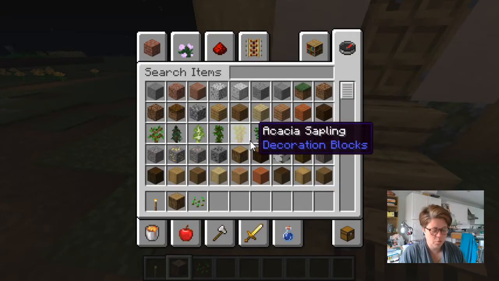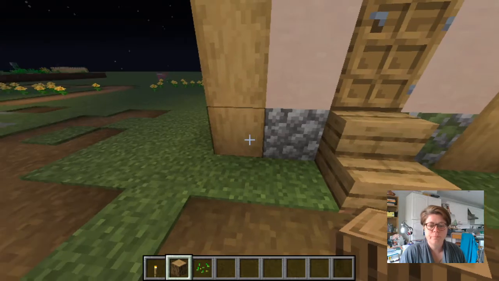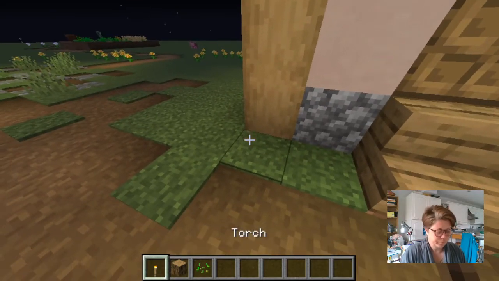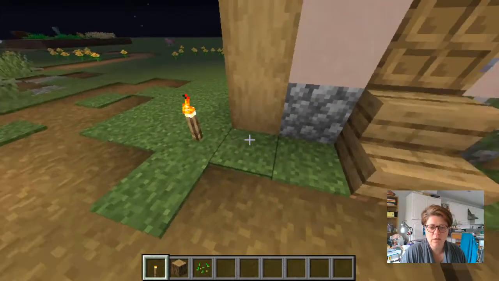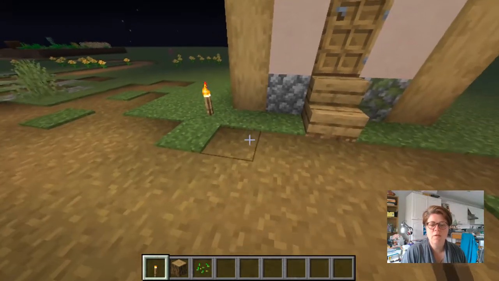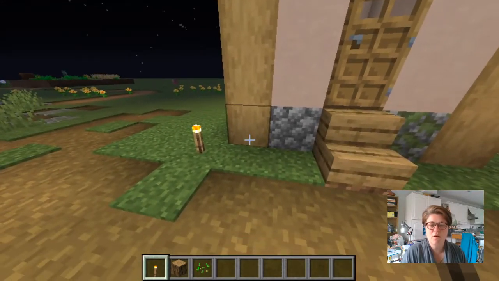So I am going to put a torch right here so that I know this is where I'm starting when I go round, okay? So let's count together for the last time, ready, for the perimeter of this building.